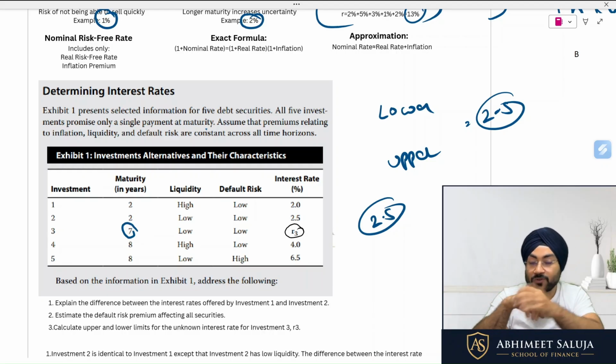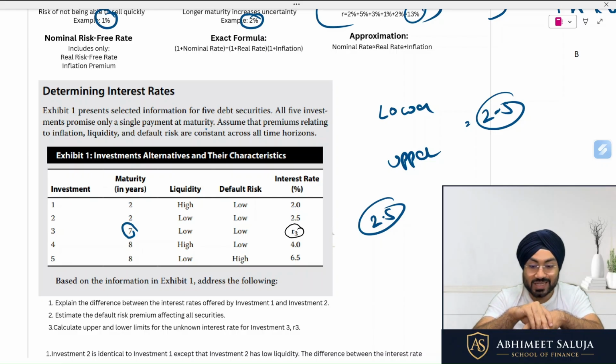The second bond has 2 years maturity, low liquidity, low default risk, and yields 2.5%. In the second and third, liquidity and default risk are the same; only the maturity premium compensation differs.